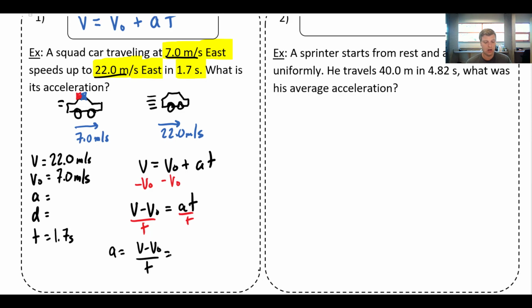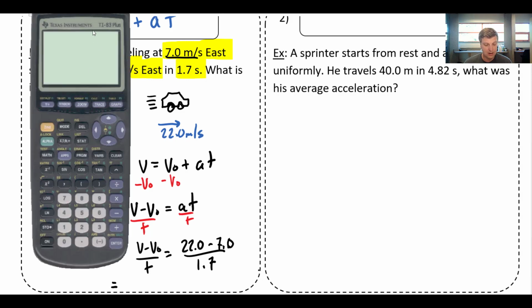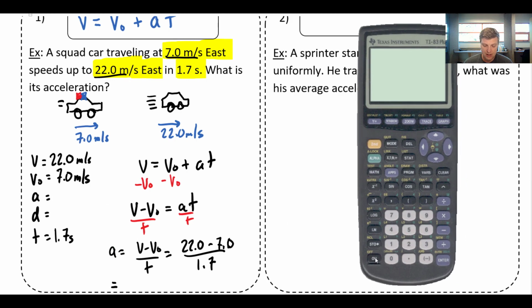Now, finally, after all that, I can put my numbers in. So I've got 22 minus 7 all divided by 1.7. I'm just running out of space here. Now I'm going to put this in my calculator to get the answer. But I just want to point out, if I just do 22 minus 7 divided by 1.7, that's not going to work because BEDMAS is going to show up, and BEDMAS is going to be like, oh, I'm going to do this division before I do that subtraction.